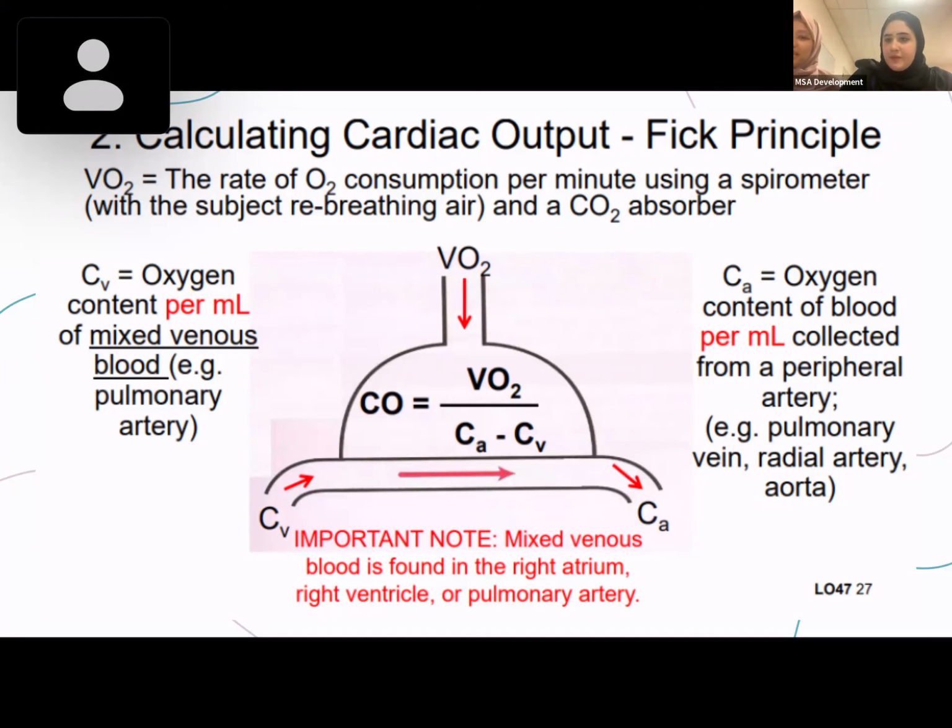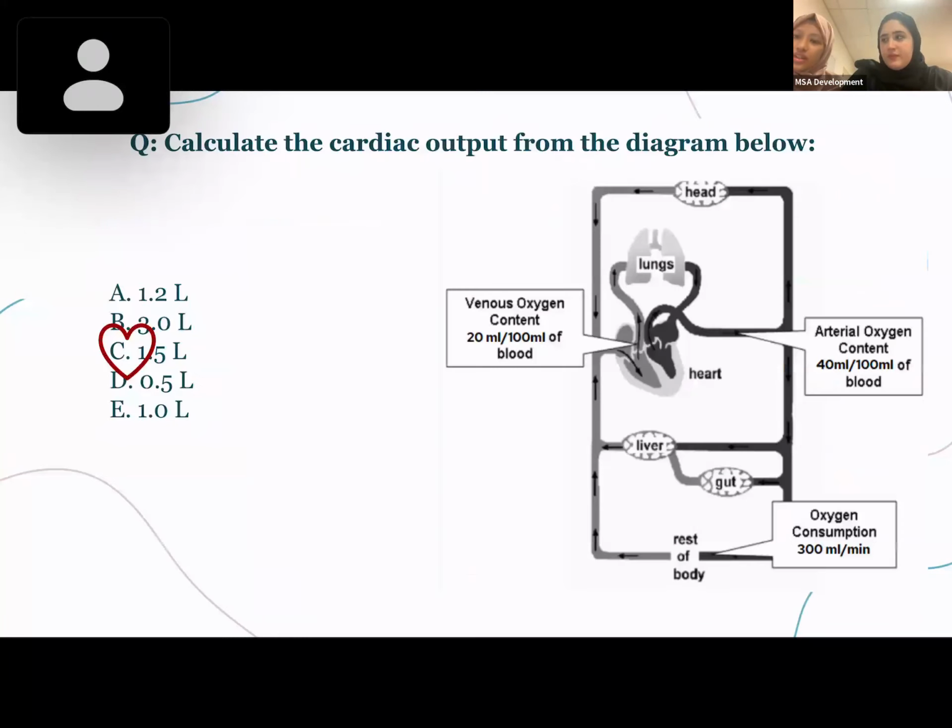It says per milliliter. In this question, and the questions he gave you in the lecture too, it says per 100 milliliter. So you just do 20 over 100, which is 0.2. It's the same thing. Just try to keep it in milliliters, whatever the number is. Got it, thank you. No problem. Just be careful of that.